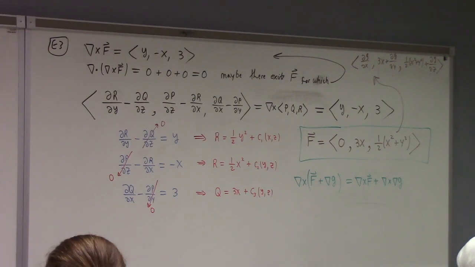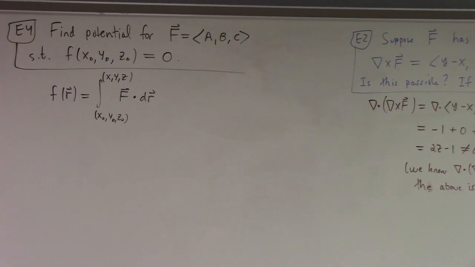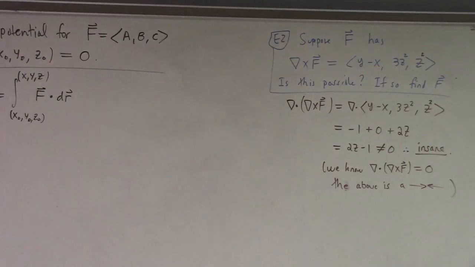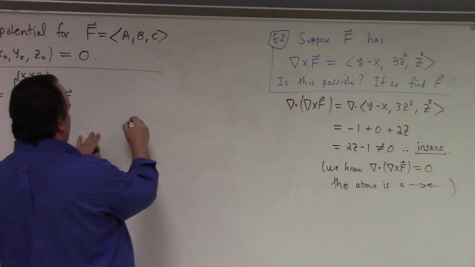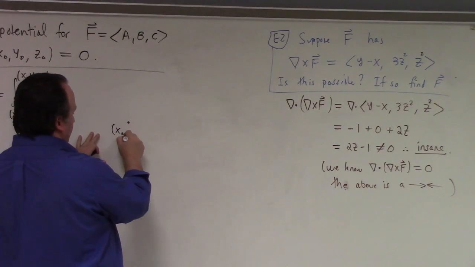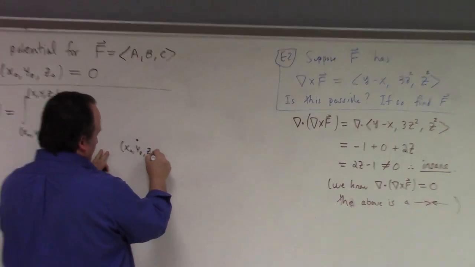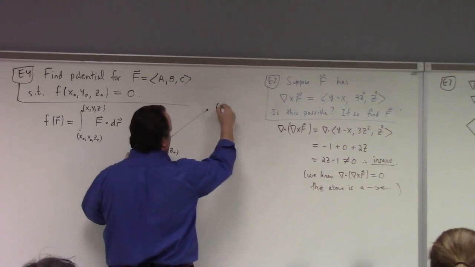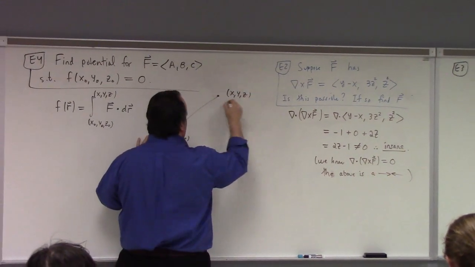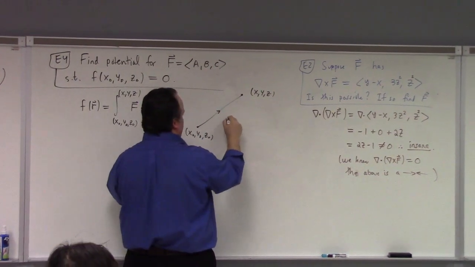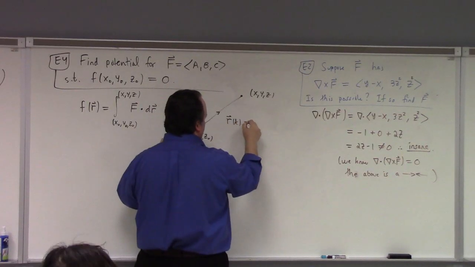Now I need a parameterization of the line, and so Joshua, we're going to use the line segment this time. We're going from this point over here to the point x, y, z. What's the parameterization of that? R of t is what?